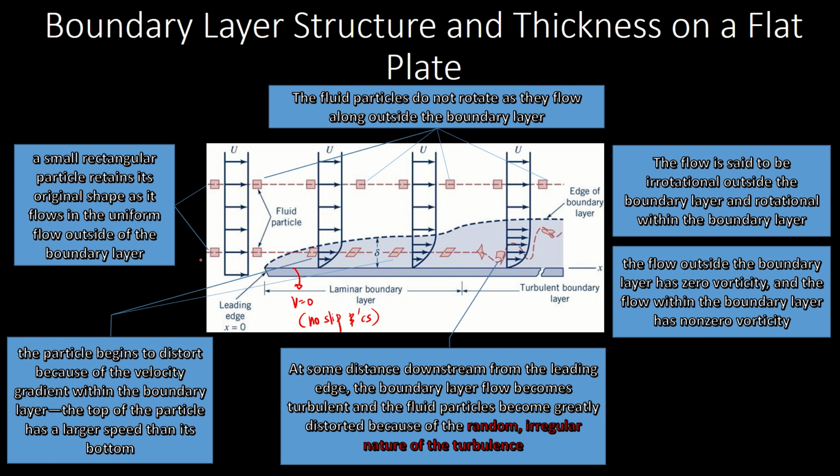In order to make you understand what the boundary layer is and how it develops, first we assume that there is a small rectangular particle in this upstream region, which can be assumed as a fluid element. The small rectangular particle retains its original shape as it flows in the uniform flow outside of the boundary layer.